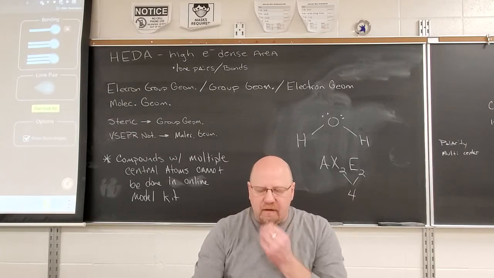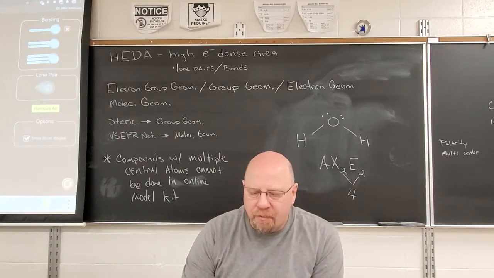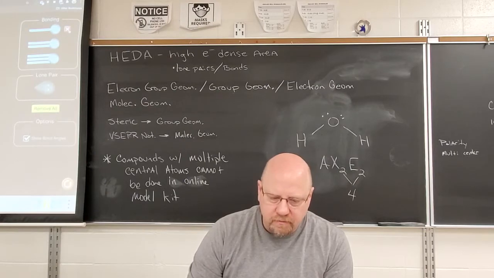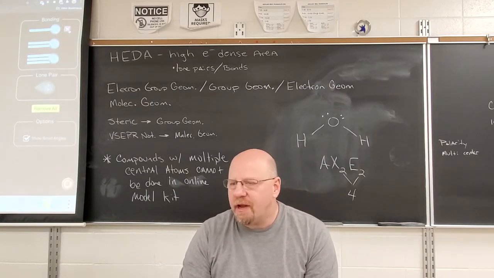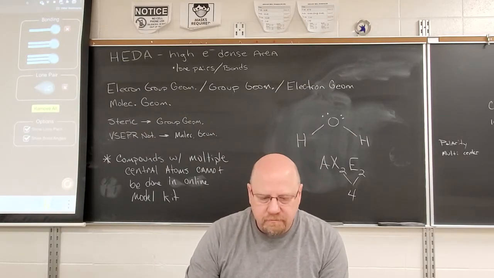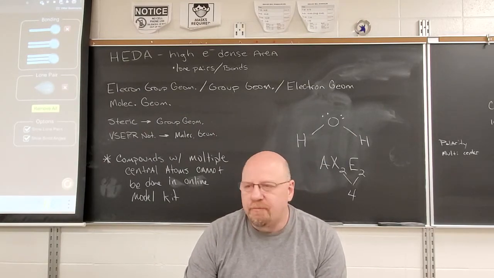All right. Now, what happens if I slap a lone pair on there? Well, I'm going to take off one of those single bonds, go back to the 180 degrees, and if I put a lone pair on there, so it's not a bond, I essentially get the same thing.